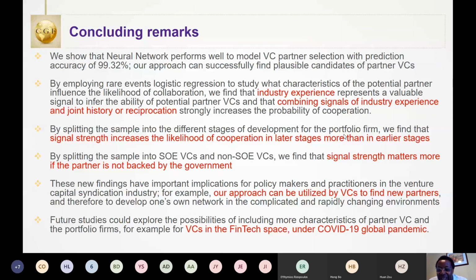But you have also added something to the concluding part of the paper, where we are looking at further research. This work has focused on VC partner selection and syndication. In our data, we had observations on private equity and also data on angel financing, and we sidestepped those.